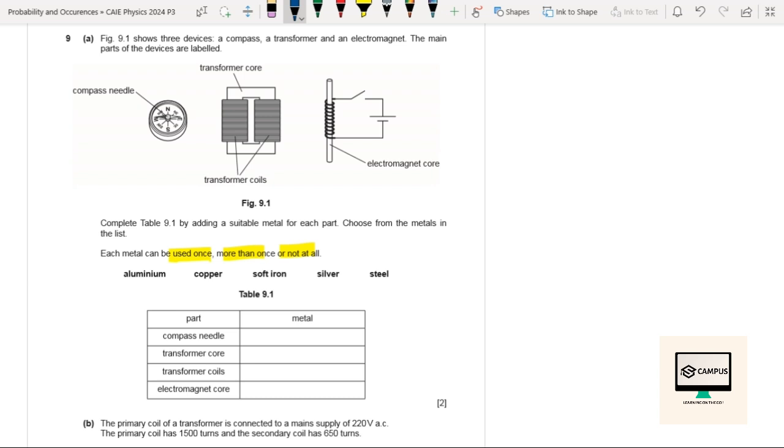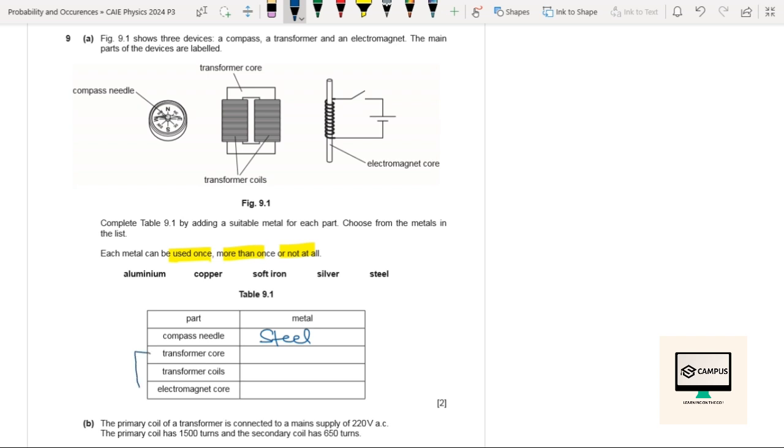That's why it's not suitable for a compass needle, where magnetization and demagnetization cannot be done on the go. So we need a material whose magnetization is permanent or long term. So we should be going with steel. Steel is a ferromagnetic material and it retains the magnetization in the long term.